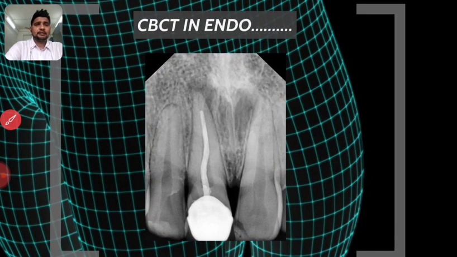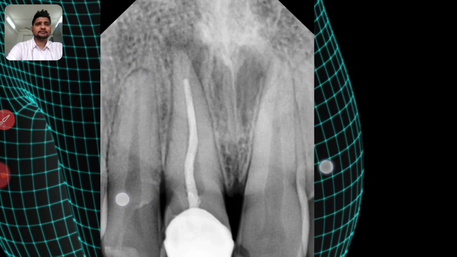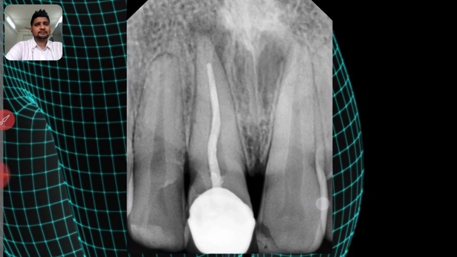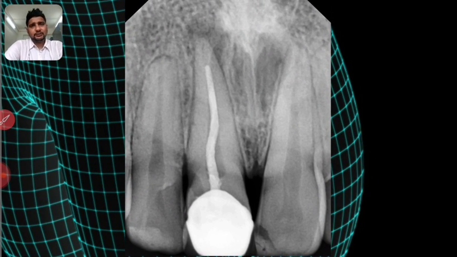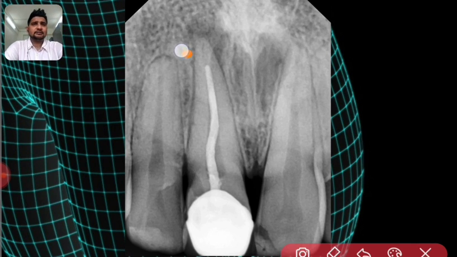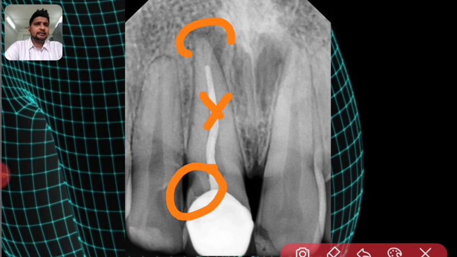Okay, this is one very interesting case which I did like 2 or 3 years back. Tell me what all you see in this. What do you see? So what I saw initially on my IOPA, this was my initial IOPA, was a lesion, poorly done endo, maybe a perforation here, and a broken angle here.